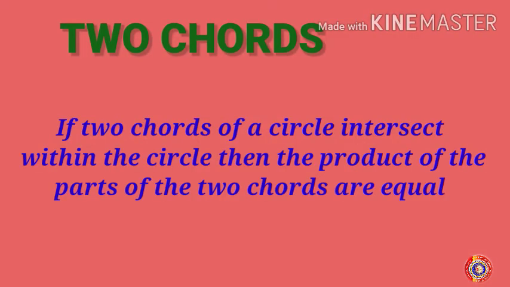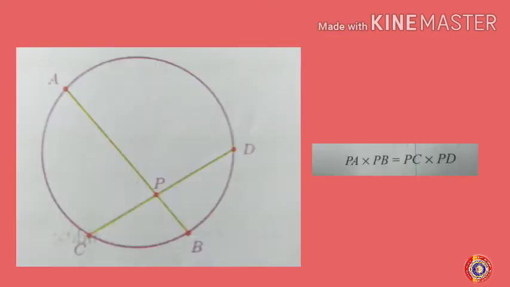Next section, two chords. If two chords of a circle intersect within the circle, then the product of the parts of the two chords are equal. Here AB and CD are two chords.